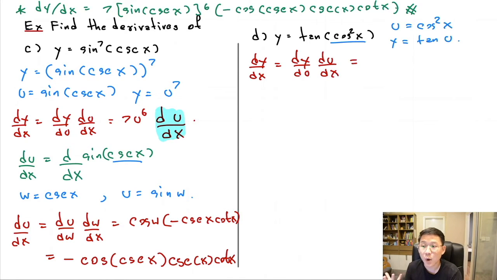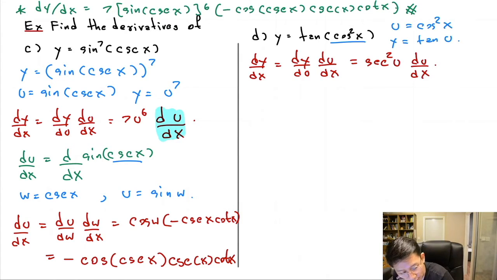And what is dy by du? What is the derivative of tan? It is sec of u squared, right? Sec of u squared, and du by dx. But du by dx again is not straightforward, because du by dx is d by dx of cos x squared.